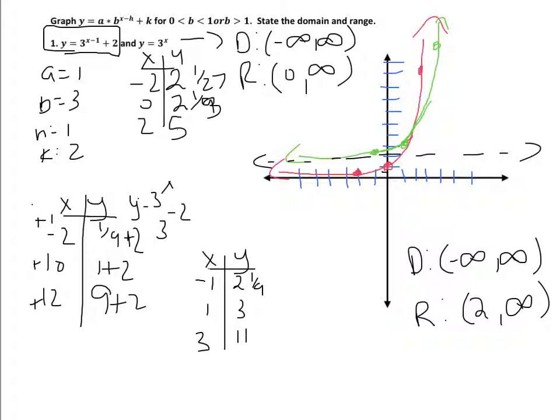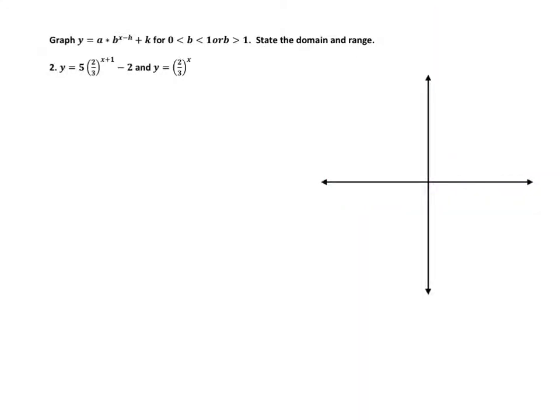So there's exponential growth. Here's decay. Because see how b is 2/3? Isn't that a number that's between 0 and 1?